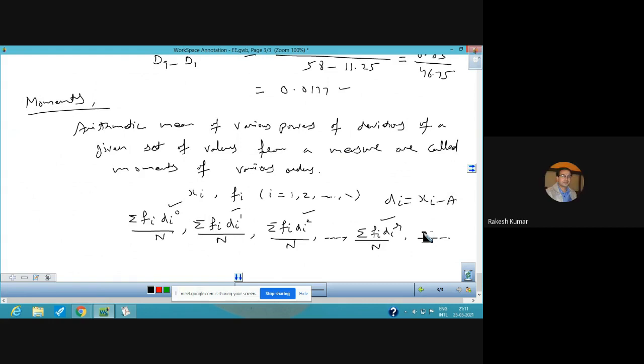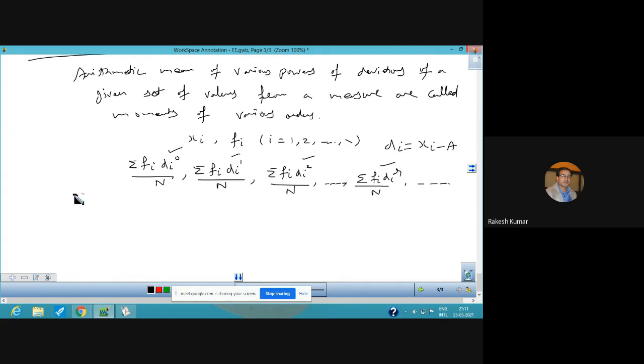So we calculate moments about the actual mean and moments about any assumed mean. There are two techniques for calculating moments.